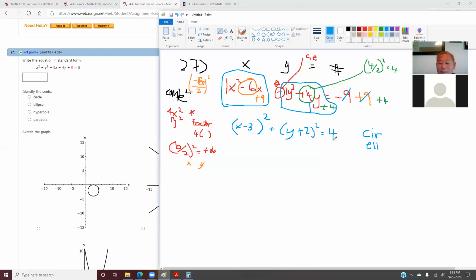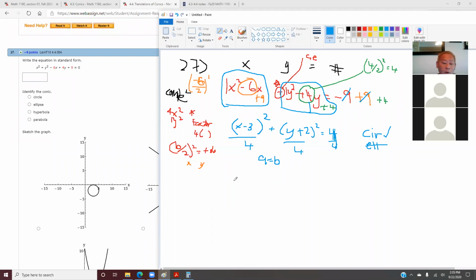Ryan, why do you say this is a circle? Which is correct. This is a circle, not an ellipse. I believe it's because it's not equal to 1. It's equal to 4, which would be the radius squared. Yes. Even if you want to make it equal to 1, you divide this by 4, which will become 1. And you find out that A and B in this case are the same. So if they are the same, then it is going to be a circle.